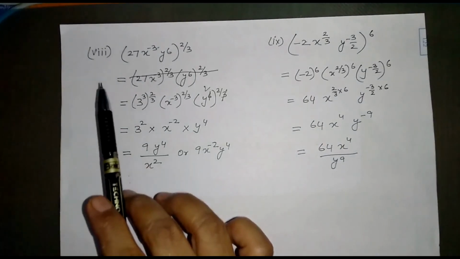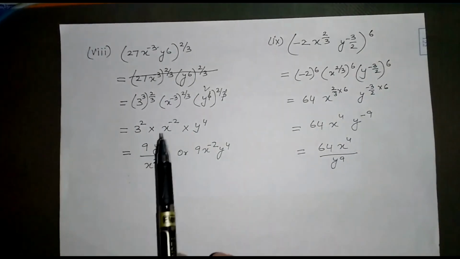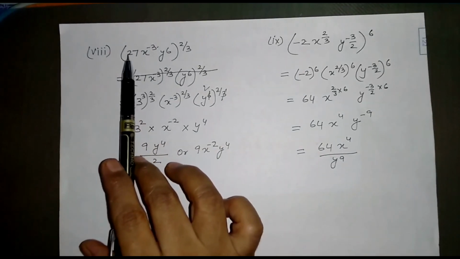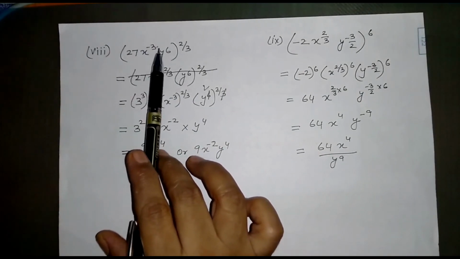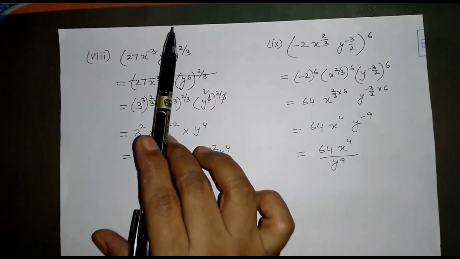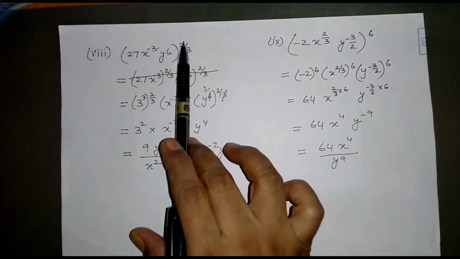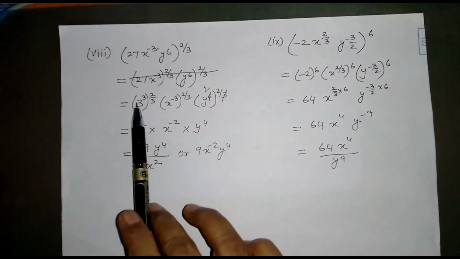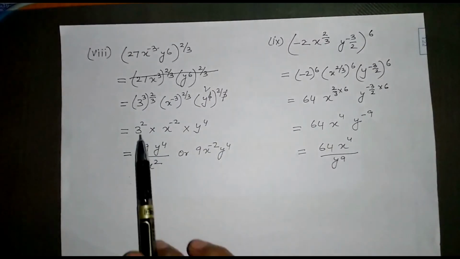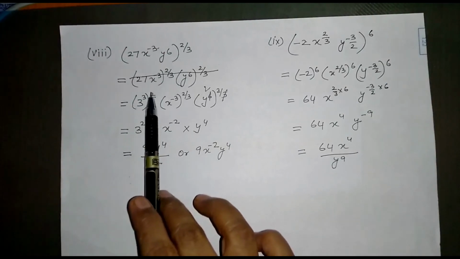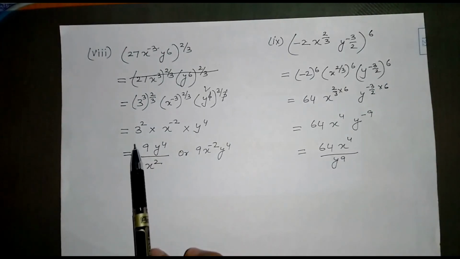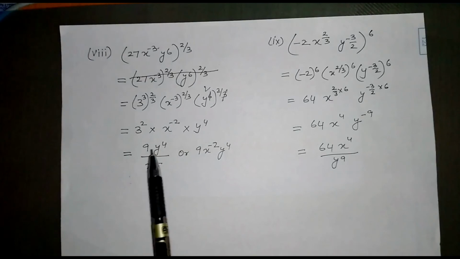Question 8. Now we have three terms here, 27 x raised to minus 3, y raised to 6. So we have separately given this power 2 by 3 to each of these terms. 27 we can write as 3 cube, 3 gets cancelled and we have 3 square, and 3 square is 9.